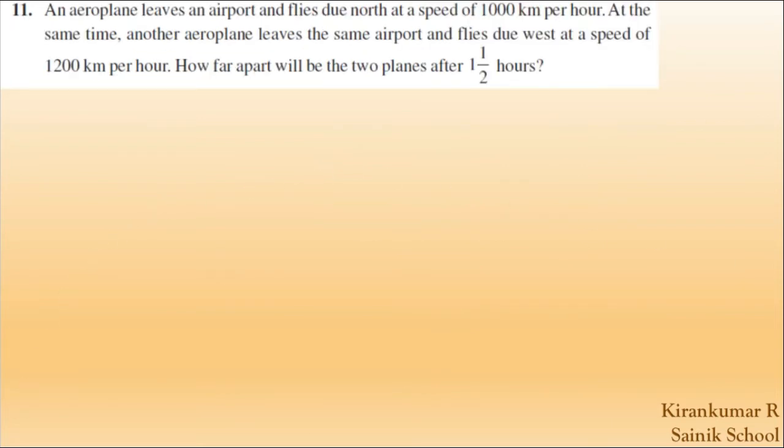Question number 11. An airplane leaves an airport and flies due north at the speed of 1000 kilometer per hour. At the same time, another airplane leaves the same airport and flies due west at the speed of 1200 kilometer per hour.